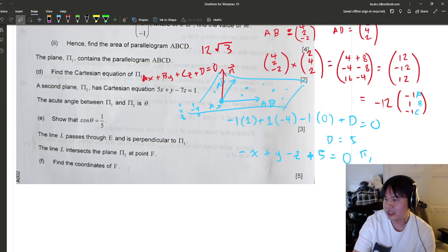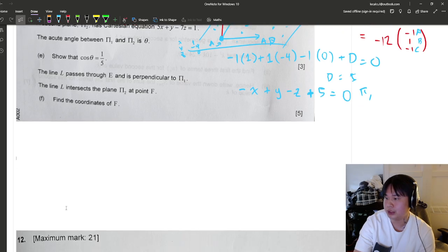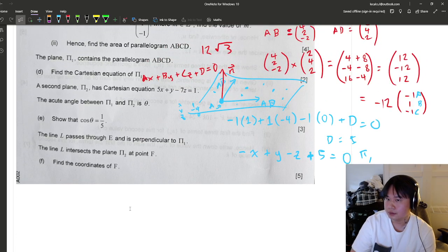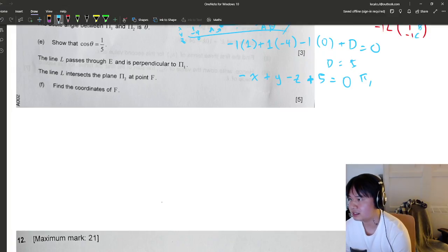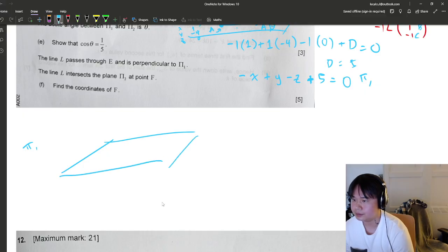Okay, and then we have an angle between them. Show that the cosine of this angle is 1/5. Cool. Okay, let me just sketch this. So we have plane 1. Bam, bam, bam. Then we have plane 2.